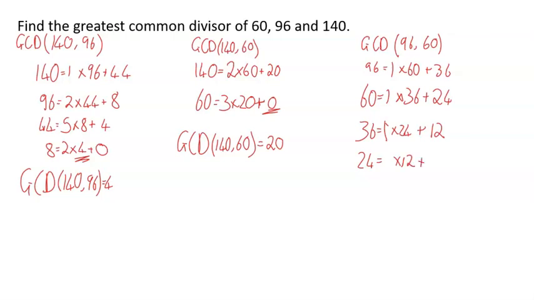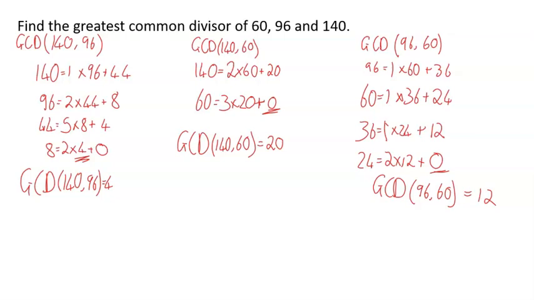So again, something times 12 plus a remainder. Well, 24 is quite simply 2 12s. There is no remainder there. So what I'm able to say is fine. The greatest common divisor of 96 and 60 is therefore equal to 12.